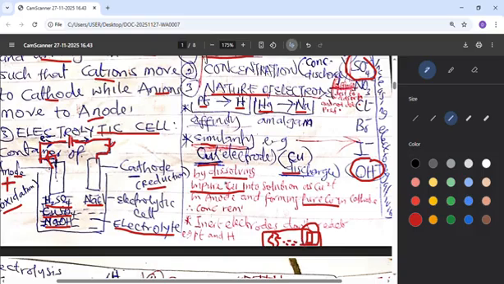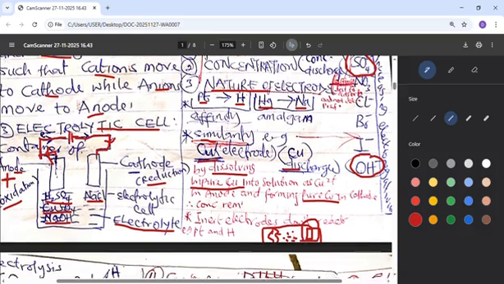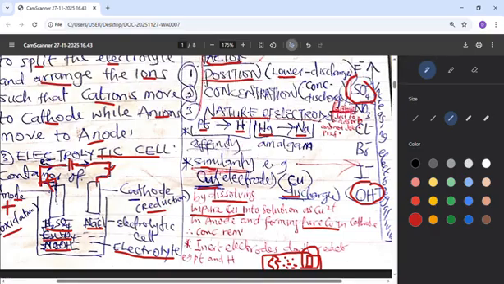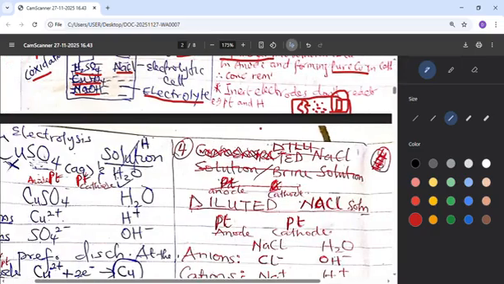So when you have copper as your electrode and the electrolyte is also a copper electrolyte like copper sulfate, it means automatically it's copper that will be discharged from here. That's what the similarity is talking about. So that's for nature. It's remaining concentration, which I am yet to use for my explanation.